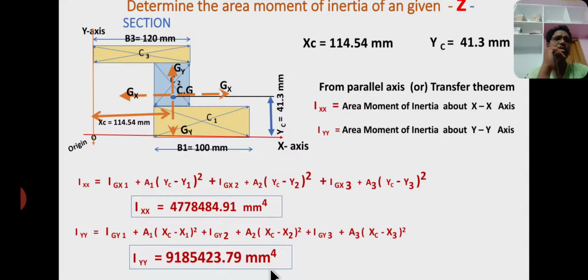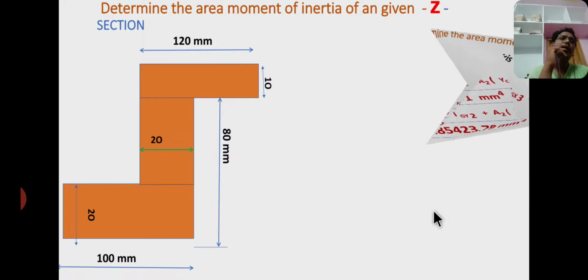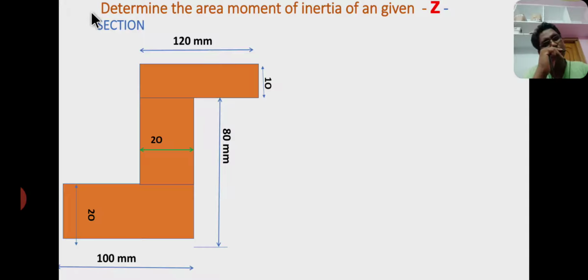These two are the final values. xc, yc are the coordinates of the centroid of the Z section, and Ixx, Iyy are the area moment of inertia about the reference axes. Now coming to another model, that is also a Z section.